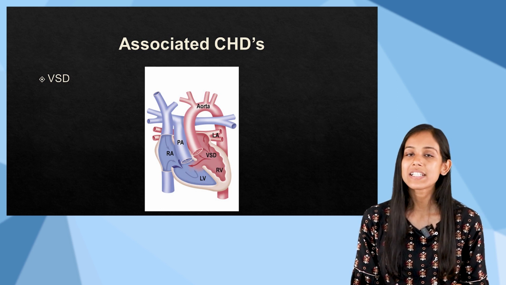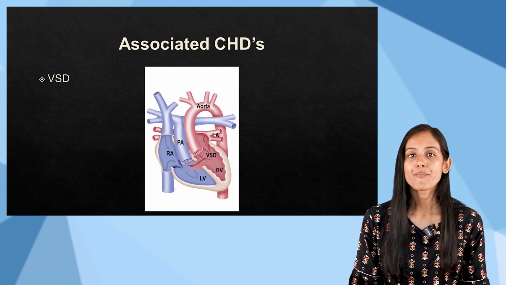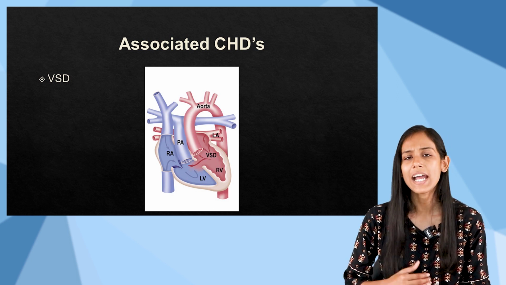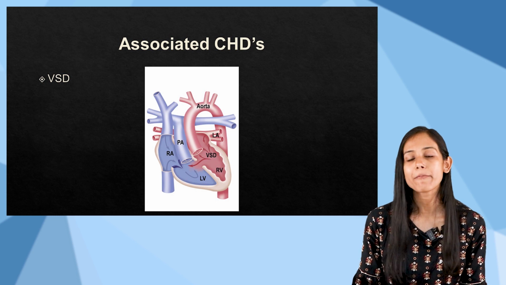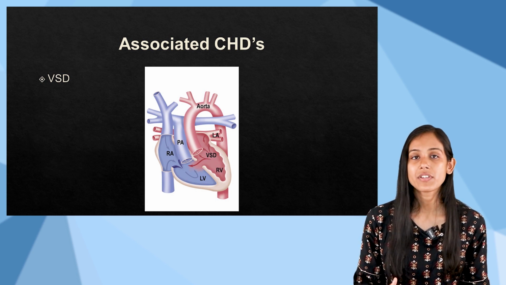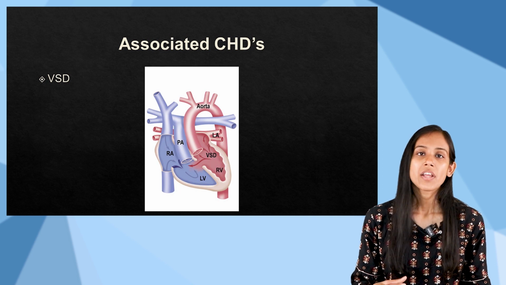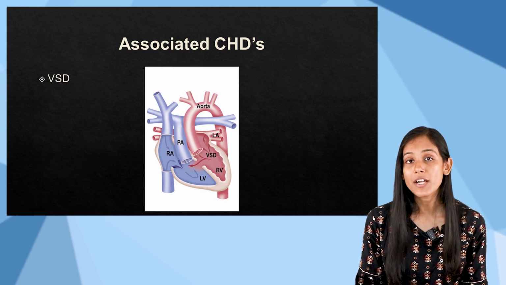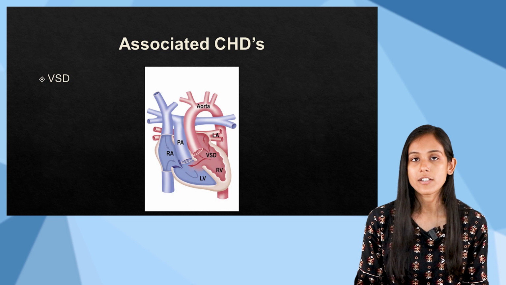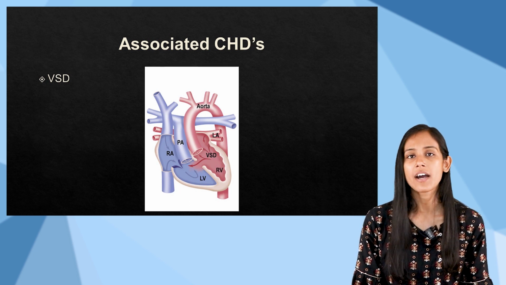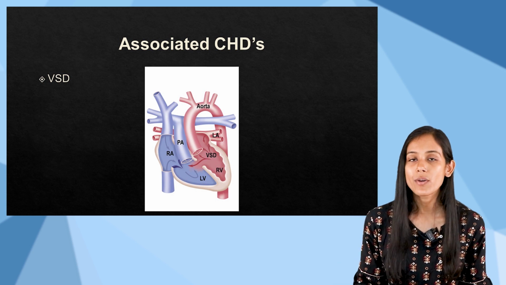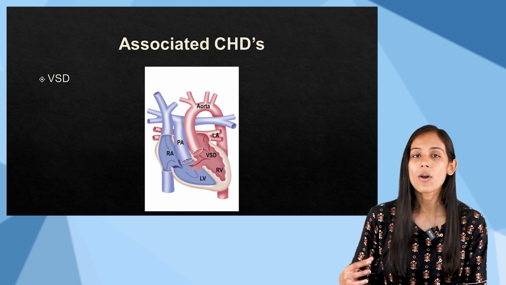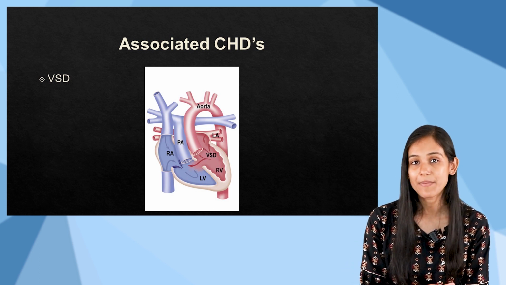Now, we know that in transposition of great arteries, there is no connection between the right side of the heart and the left side of the heart. And if this mixing of blood happens, then it can be beneficial. Because in transposition of great arteries, the cycle is going on: the deoxygenated blood is never entering the pulmonary circulation, and the oxygenated blood is never entering the systemic circulation.